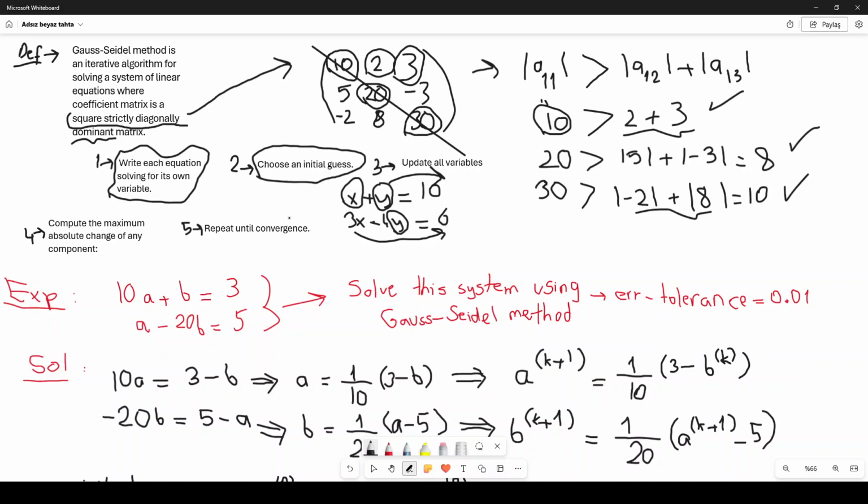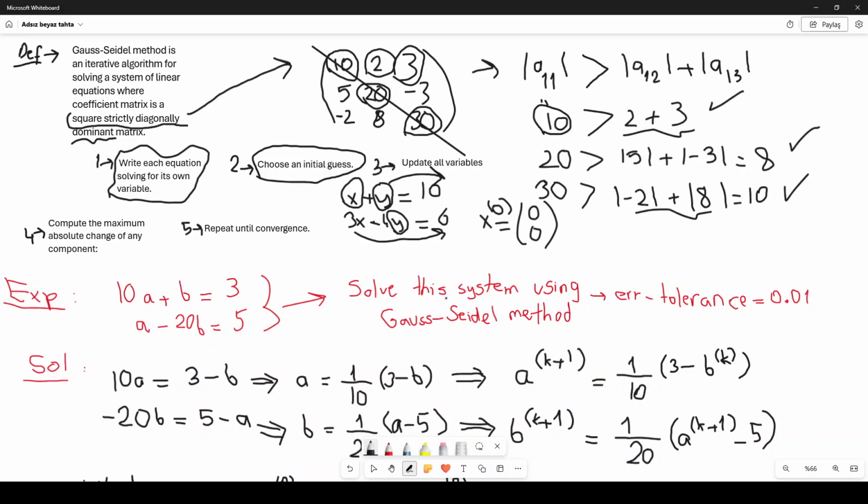So if you are given an initial guess, we just use it. But if you are not given an initial guess to start the iteration process, then we take the values of all unknown variables equal to 0. So for the first iteration, we take x and y equal to 0 and 0. This is our initial guess.